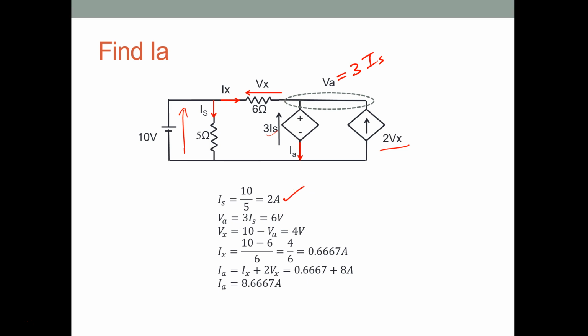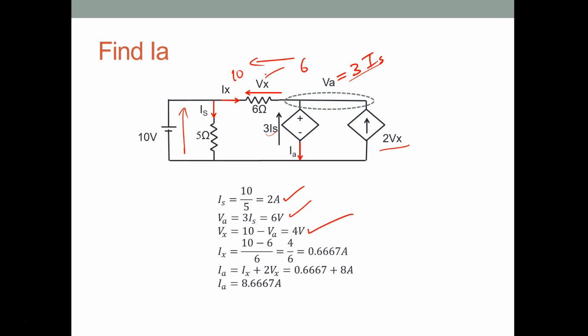The next thing I want to do is find VA. I know VA is equal to 3Is because it is fixed by this dependent voltage source. So 3Is, which is 3 by 2, 6 volts. So if this is 6 volts, then I could say Vx is 10 minus 6, which will be 4 volts.